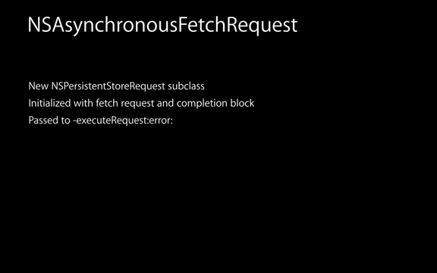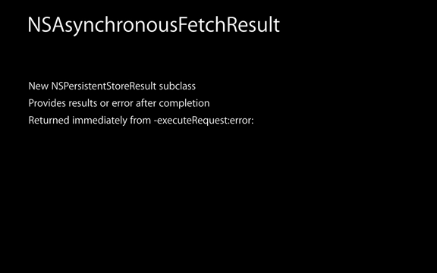So NSAsynchronousFetchRequest is a new subclass of NSPersistentStoreRequest. As I said, it's initialized with a fetch request, an instance of NSFetchRequest, and a completion block that should be invoked when the fetch is finished. You pass it to executeRequest:error:, which will return immediately the NSAsynchronousFetchResult, or nil if there's something badly wrong with your fetch request.